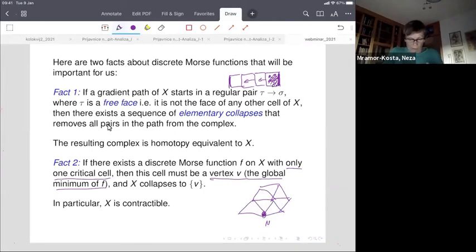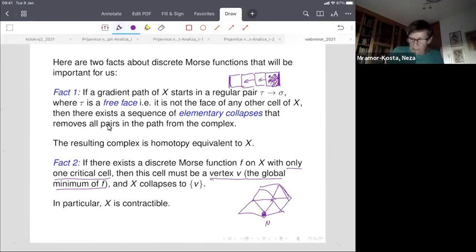If you look at how the function values increase from the vertex V, you see that the maximum value can't be on a cell of the highest possible dimension, because then that would be a critical cell. So it has to be on a free face.